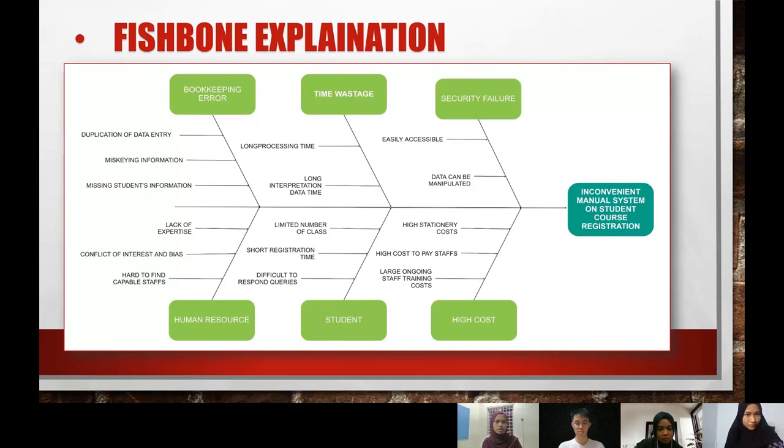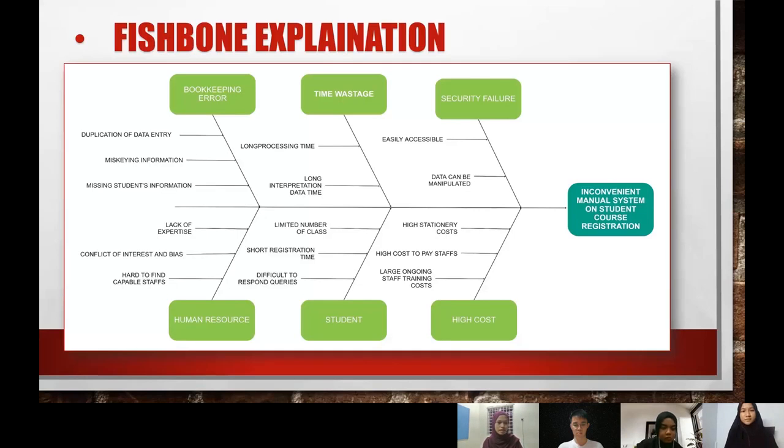They always complain about the short time given to register their courses, and their queries are difficult to respond to. The next problem is bookkeeping error. An employee's error can lead to this problem because a lot of student information has to be processed in a short time period.